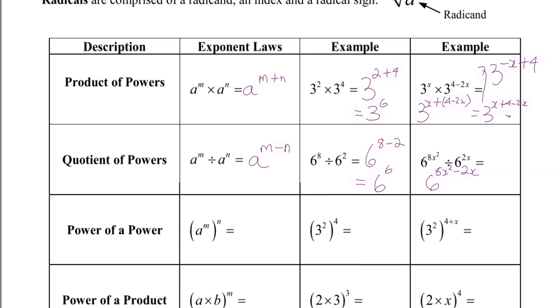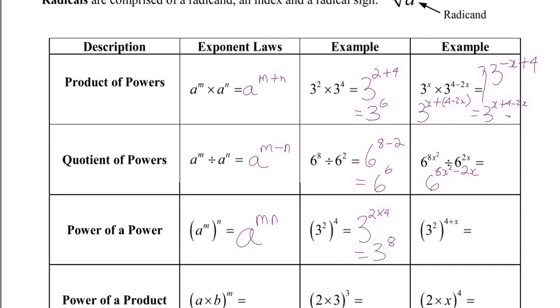Power of a power. Power of a power, what do we do with the exponents? Multiply. So a to the m raised to the power n is a to the mn. 3 squared to the 4th is 3 to the 2 times 4, which is 3 to the 8. Which would be a lot bigger, right?